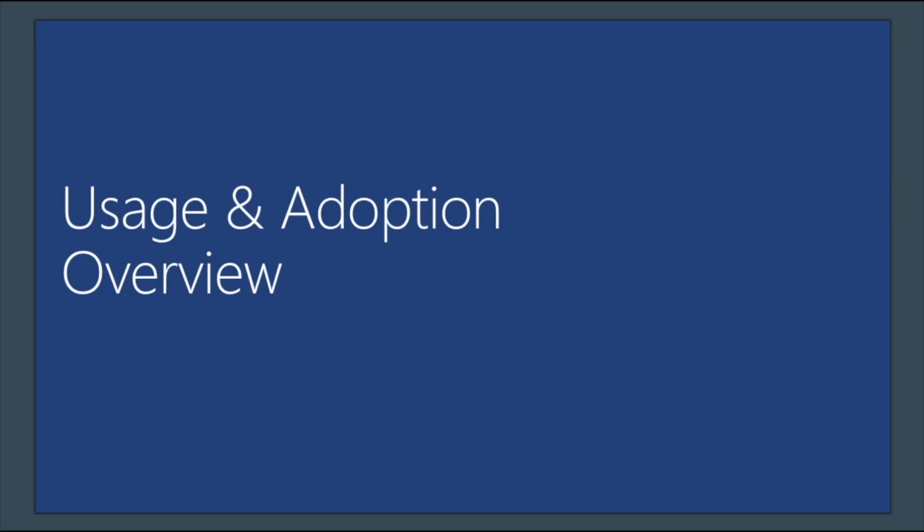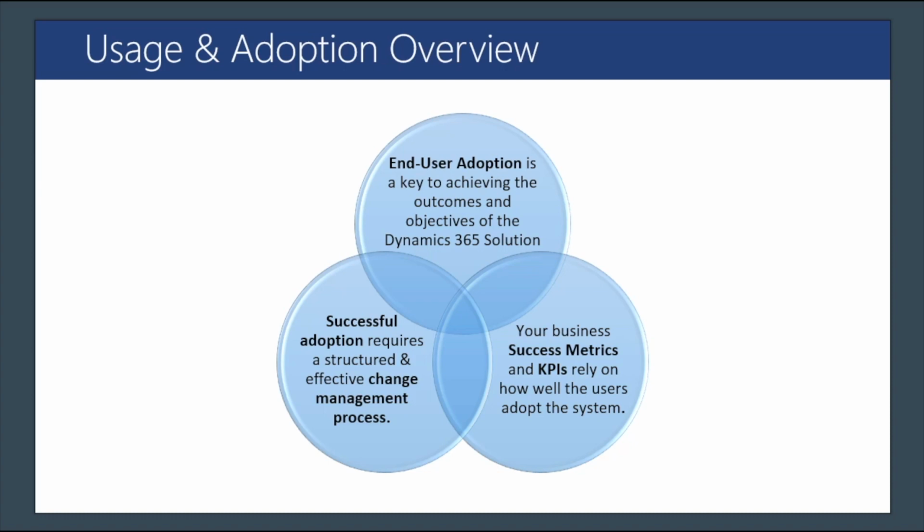We're going to talk about how the definition of success is slightly beyond that, though all those things are important and we still need to do all of it. But even after a successful go live, it doesn't really mean that we are successful if our solution doesn't get adopted by the end users and the users are not happy using it. End user adoption is really the key to achieving the goals that you initially set out.